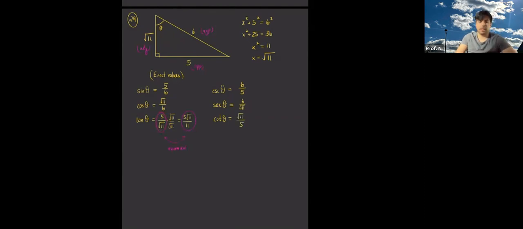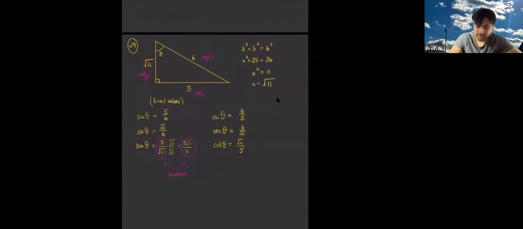So that's it. That's how we do number 29. And number 30 should be the same idea. It's the same idea. Okay, so let me know if you guys have any questions about number 29. Is this understood?